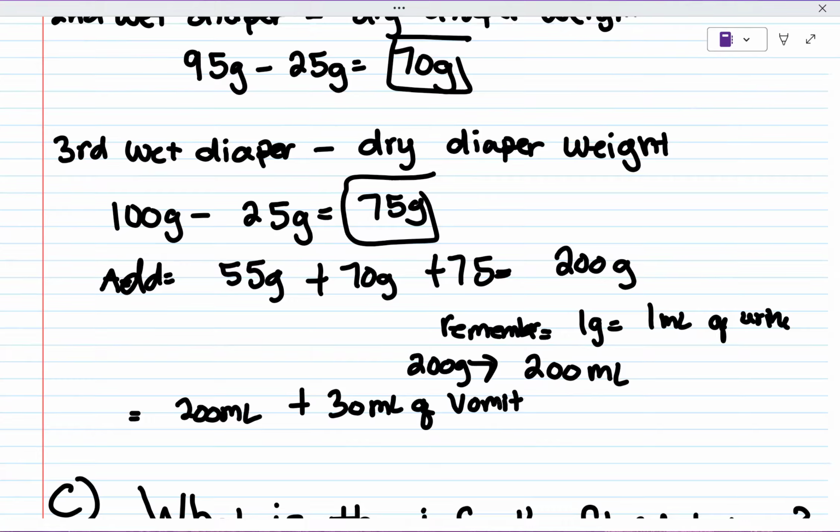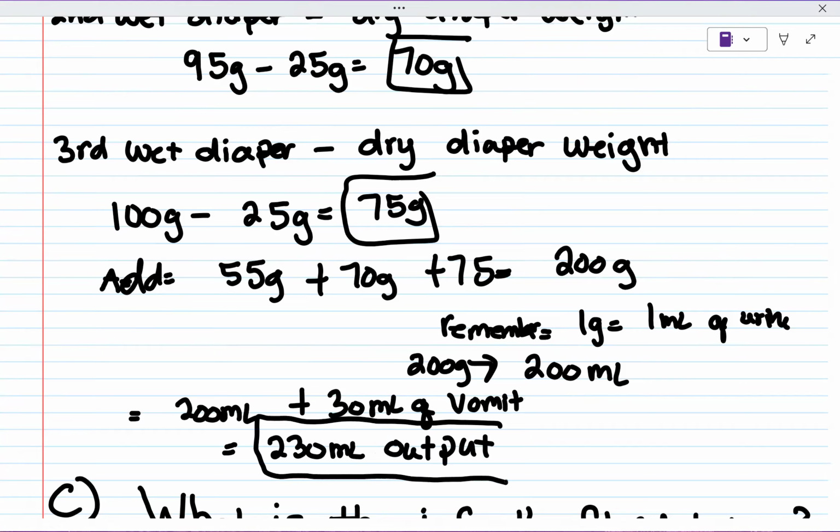So the total amount of output in milliliters is going to be 230 milliliters output. Okay, there's your answer.